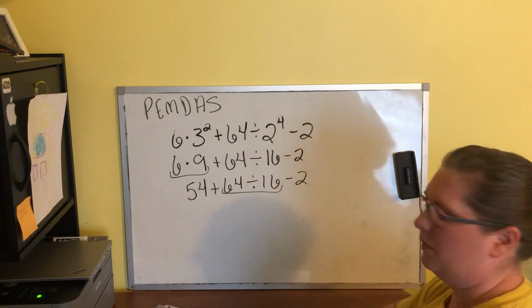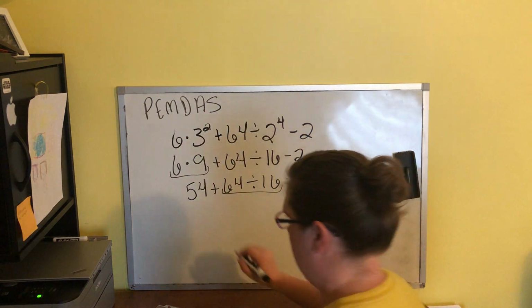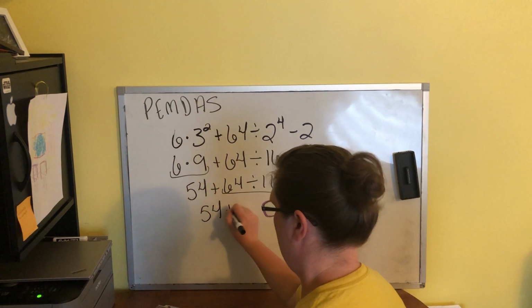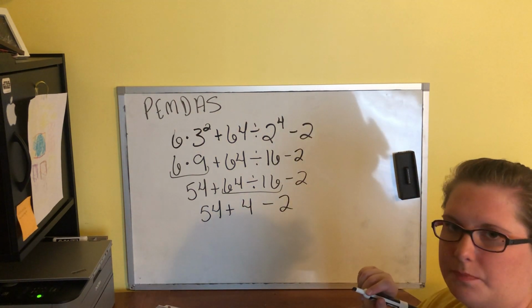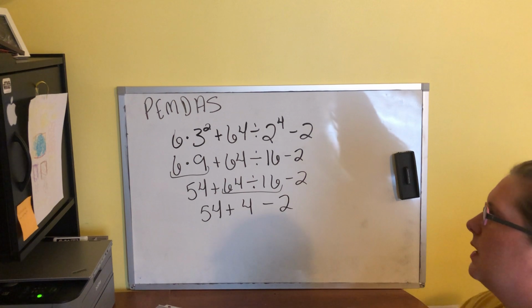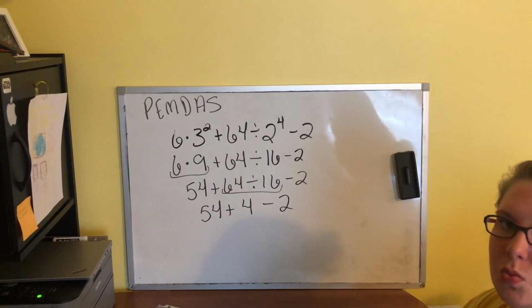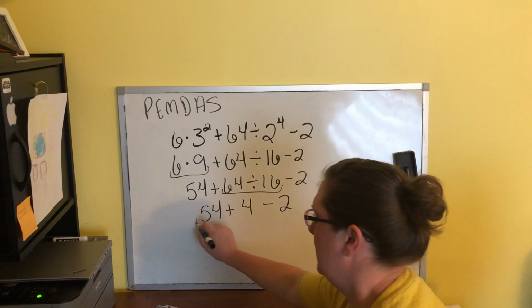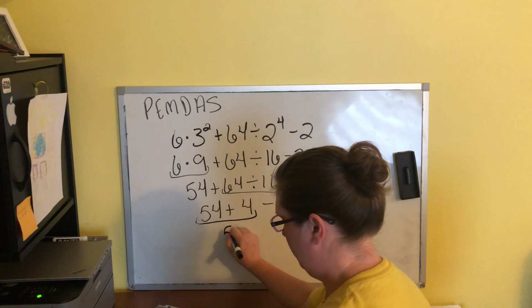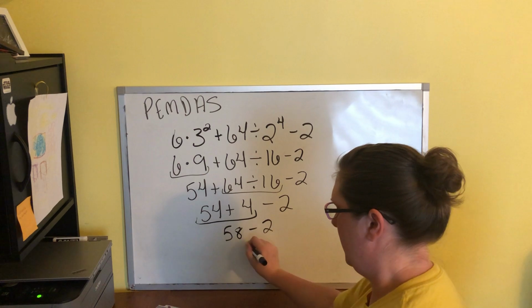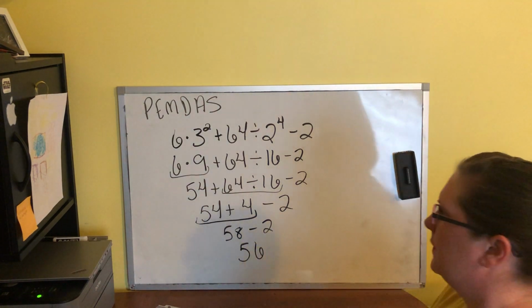Now we can handle the division, 64 divided by 16. So I have 54 plus 4, and I still have our minus 2 to bring down. Now we're looking at adding and subtracting. You need to do what occurs first. Adding is first. That's what you need to do. So 54 plus 4, 58 minus 2 is 56.